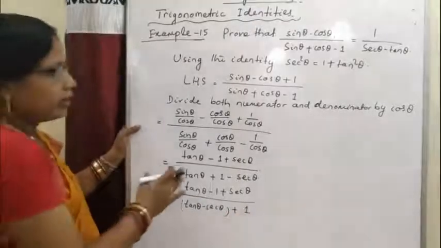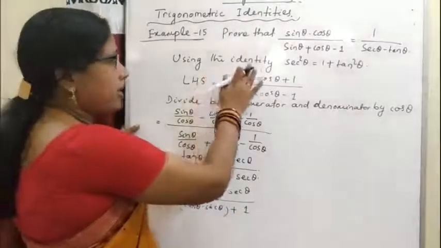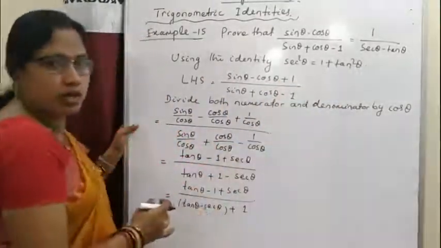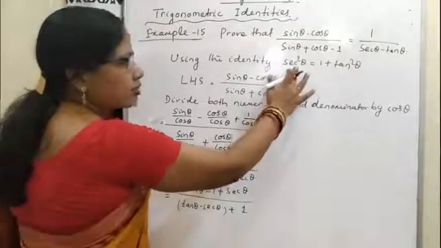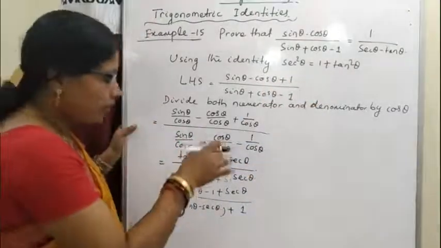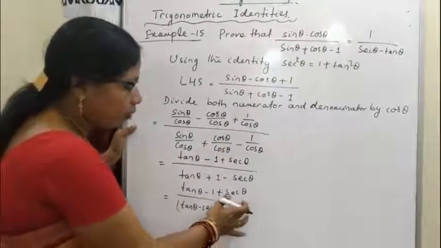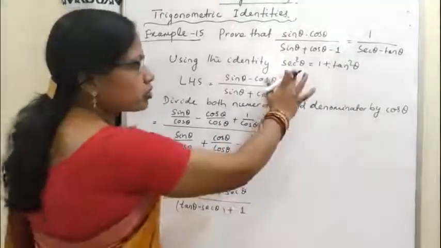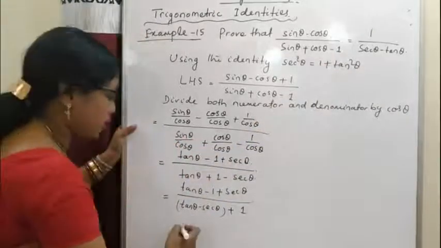Here in the question it is given to use the identity sec square theta is equal to 1 plus tan square theta, or sec square theta minus tan square theta is equal to 1. For our convenience, in place of 1 I will put sec square theta minus tan square theta.